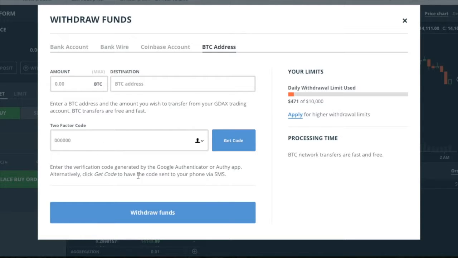If you don't have the app, you can click get code and they will send you a text message. Another thing you can do, if you want to deposit USD, you can just click bank account and deposit it directly to your bank account.